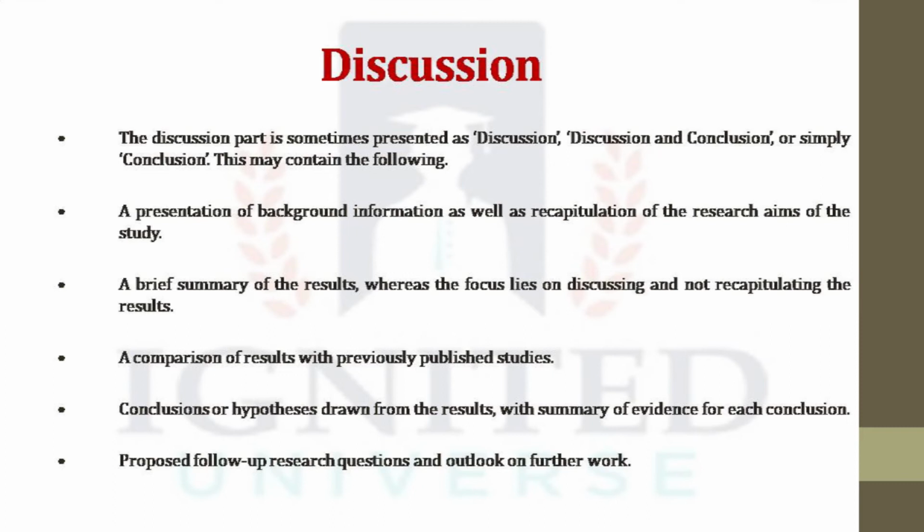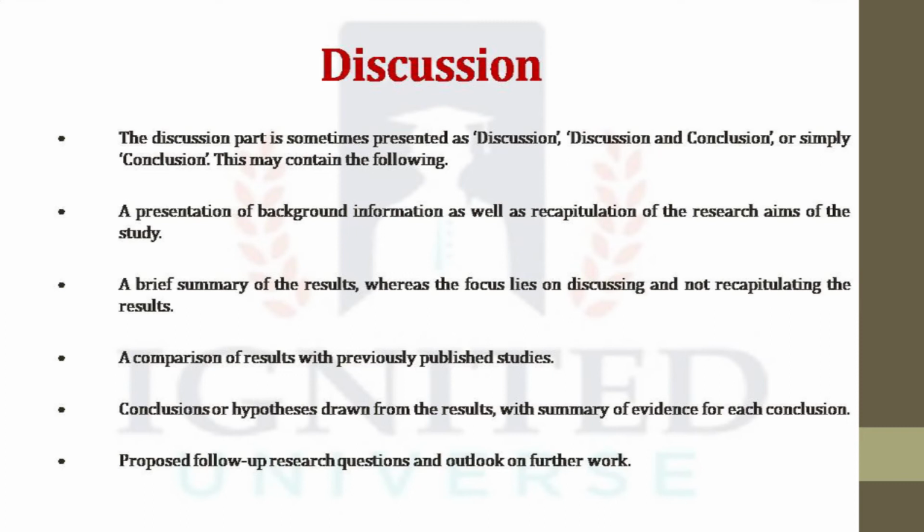A brief summary of the results should be given, whereas the focus should lie on discussing the results and not reinforcing the numbers that you obtained in the result section. A comparison of results with previously published studies should be given in the discussion section. Then conclusions or hypotheses drawn from the results, with a summary of evidence for each conclusion, should be there in the discussion section.